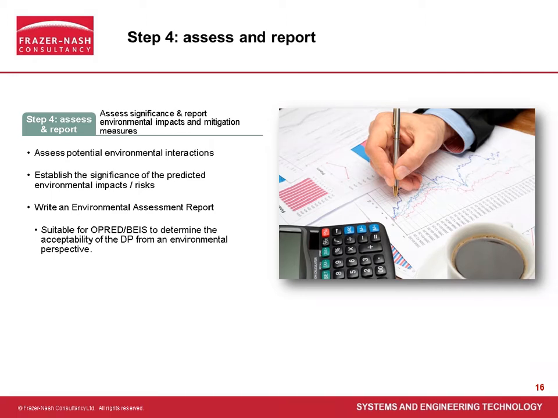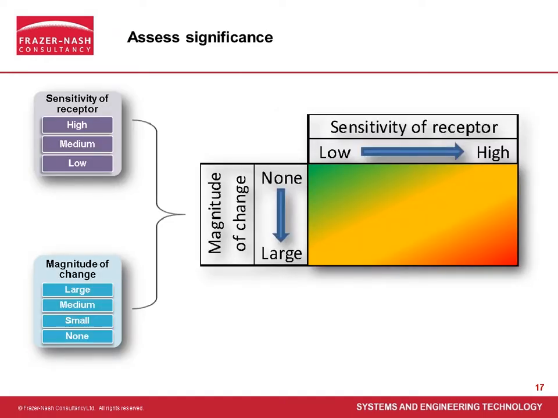This should consider factors such as the sensitivity of receptors, the magnitude of environmental change, legislative compliance, stakeholder concerns or constraints, and how the highest significant environmental aspects, impacts and risks should be managed in accordance with best environmental practice and best available techniques. There are a number of methods and processes to support the scoring and prioritization of environmental impacts and risks.